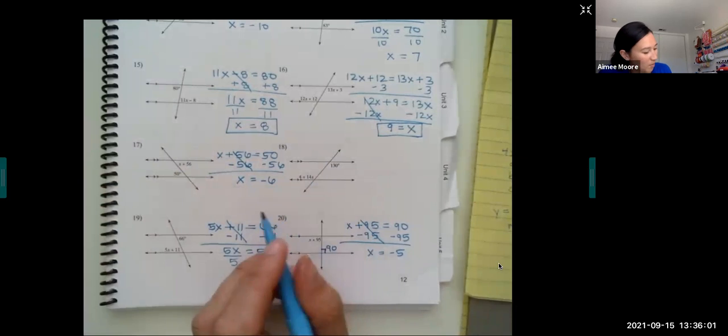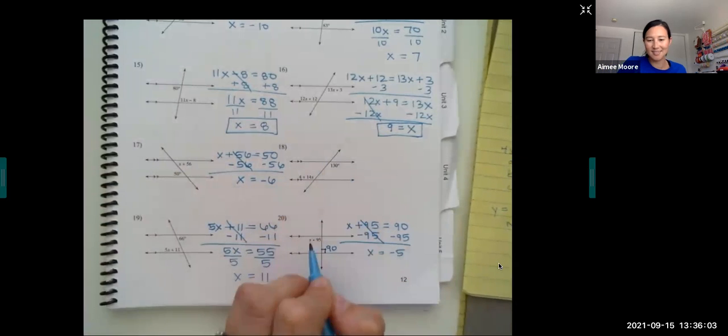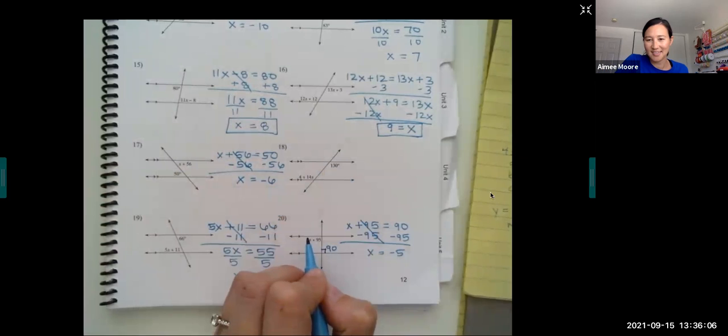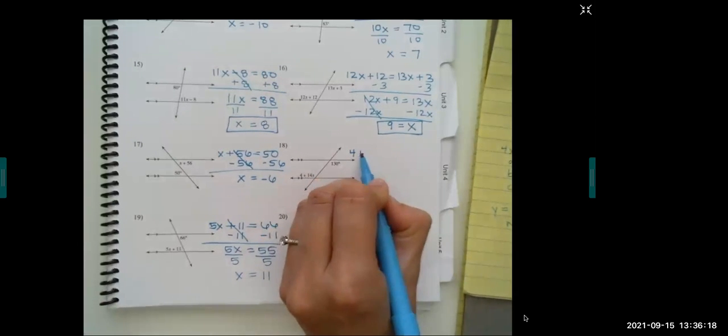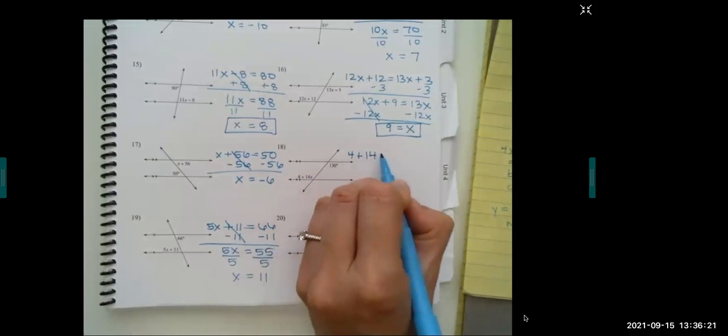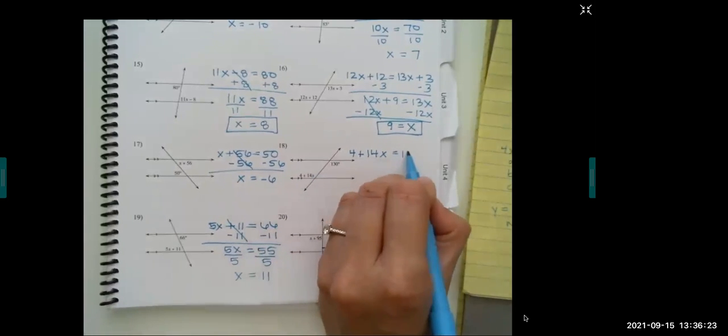Any volunteers want to tell me number 18? Down to 4. Then there were 4. I'll do it. Okay, Dakota. 4 plus 14x equals 130.